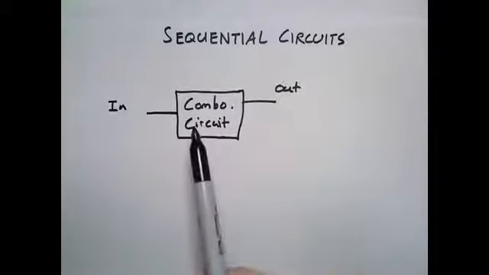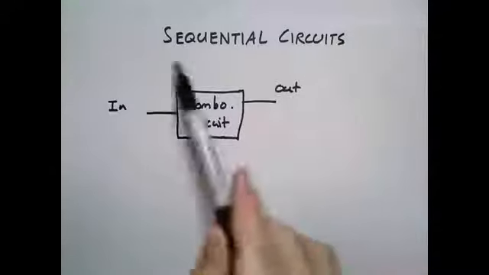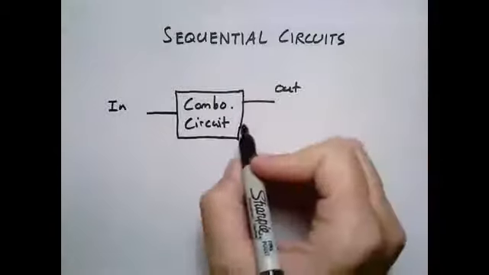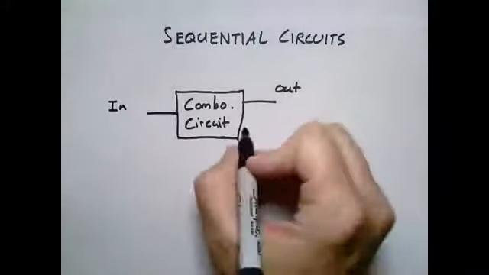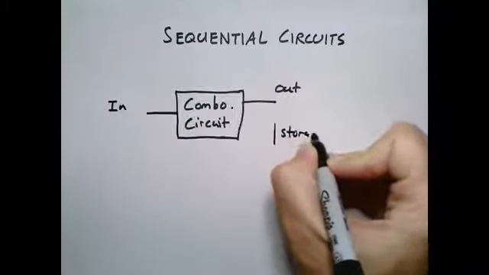And to do that, we grow the combinational circuit to make it a little more advanced, and this is a thing called a sequential circuit. So basically the way it works is it includes a combinational circuit that has input and output, but we have some storage.